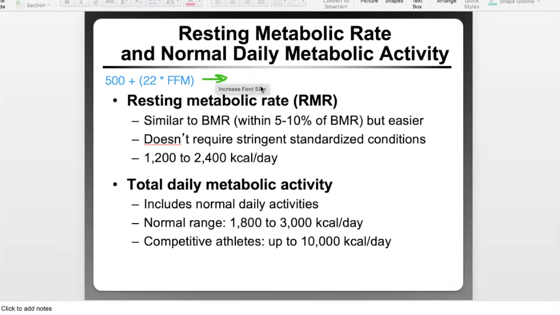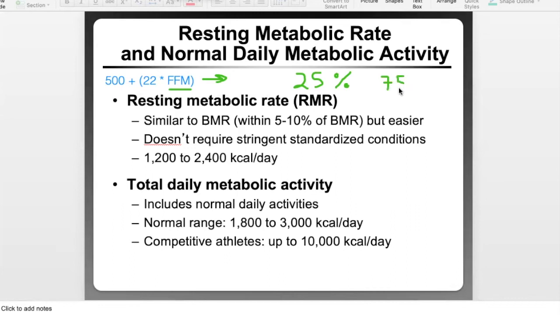So I am about 25% body fat, maybe a little bit less than that, but we'll go with that. So 25% body fat is my fat mass, so my fat-free mass is going to be 75% of my body weight.